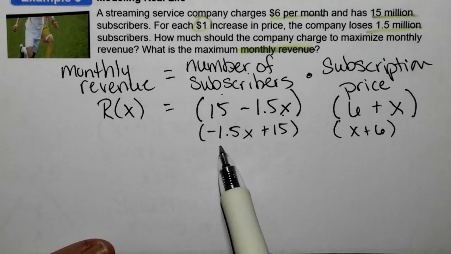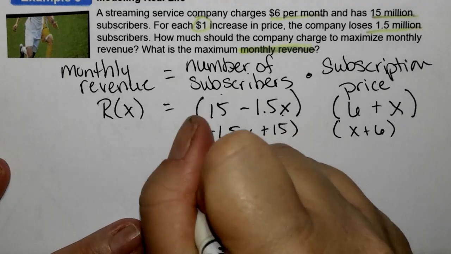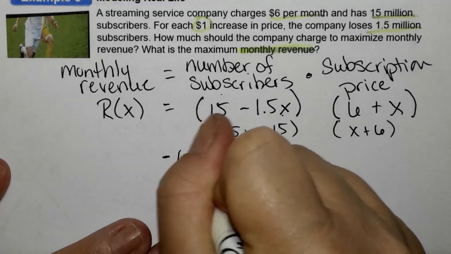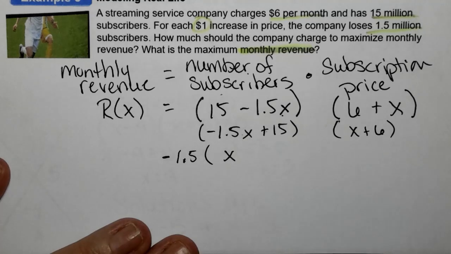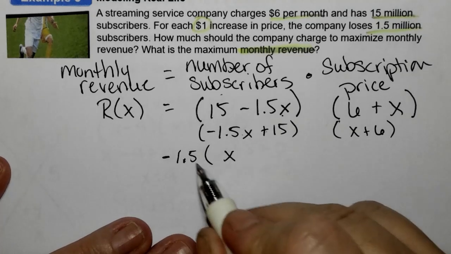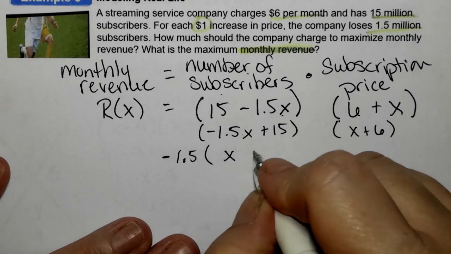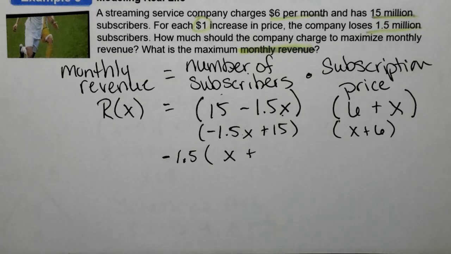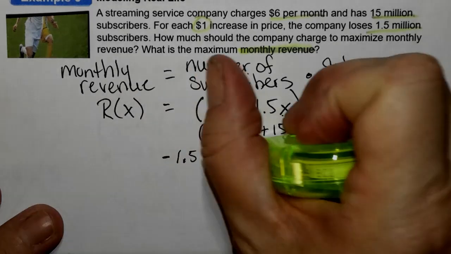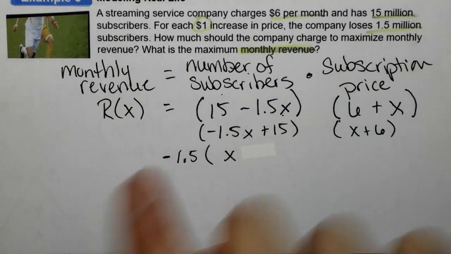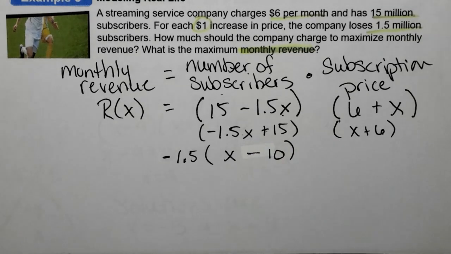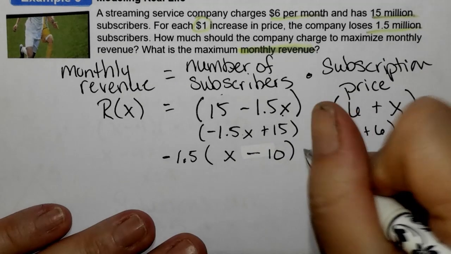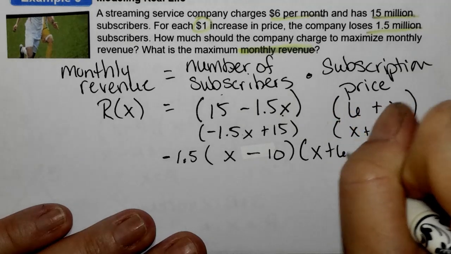They both have 1.5 in common, so I'm going to factor out negative 1.5. Negative 1.5 times x gives me negative 1.5x. And I want positive 15, so I need to multiply by negative 10, because a negative times a negative gives me a positive. Then I can bring down the x plus 6.